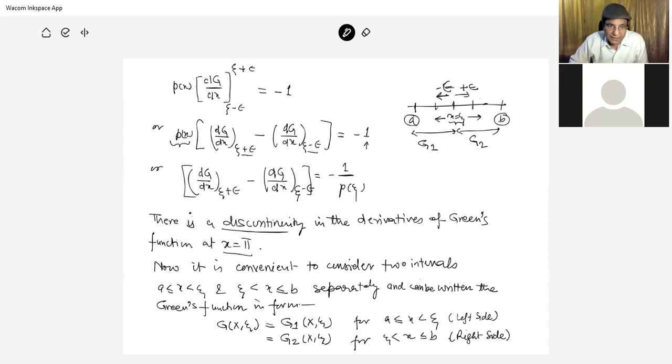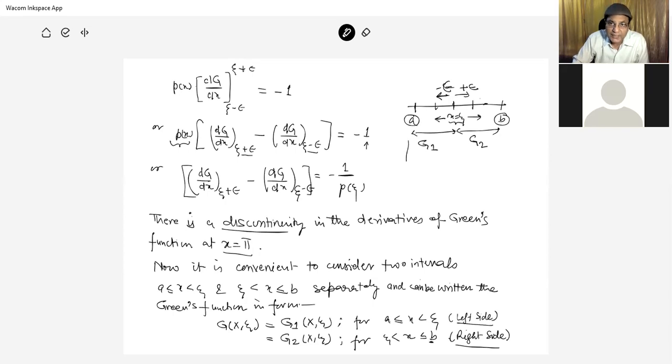So the Green's function will take the form G1(x, xi) for a less than or equal to x less than xi, that is the left-hand side, and G2(x, xi) for xi less than x less than or equal to b, that is the right side.